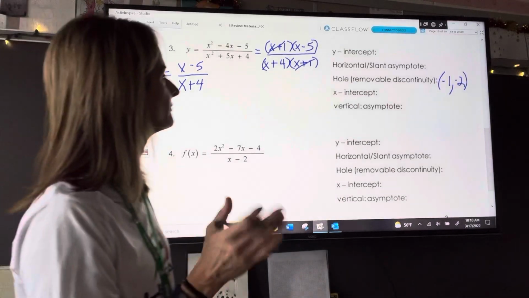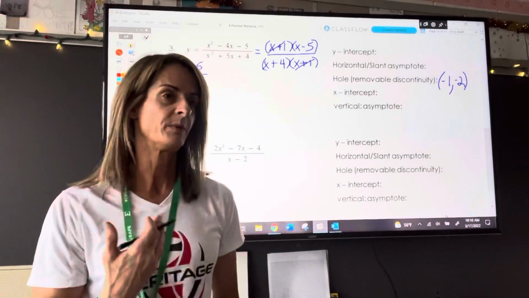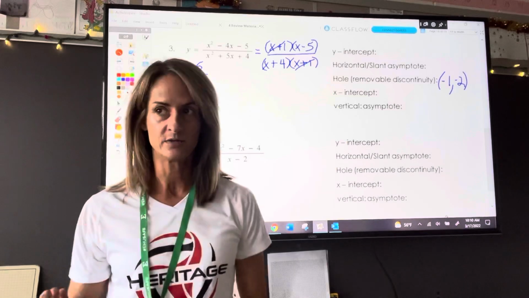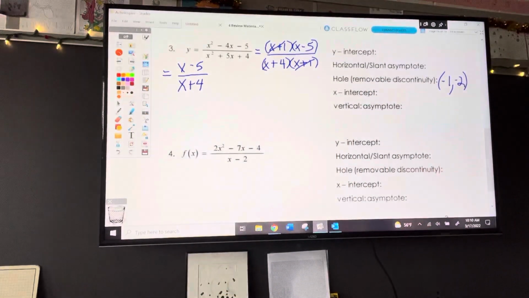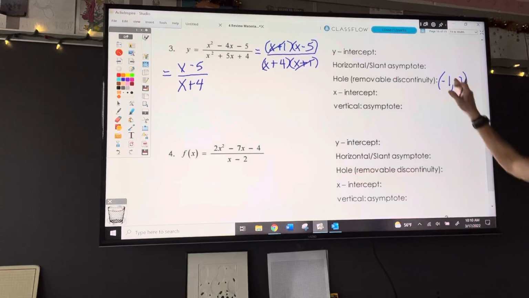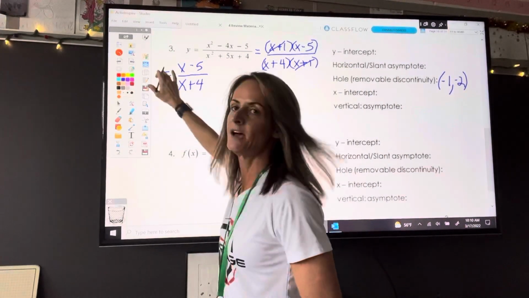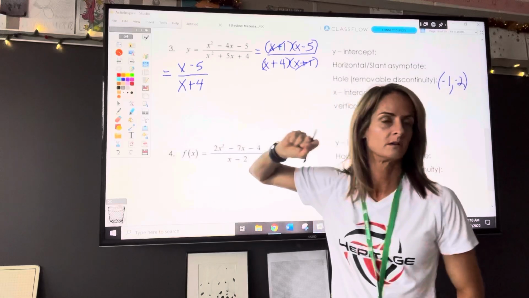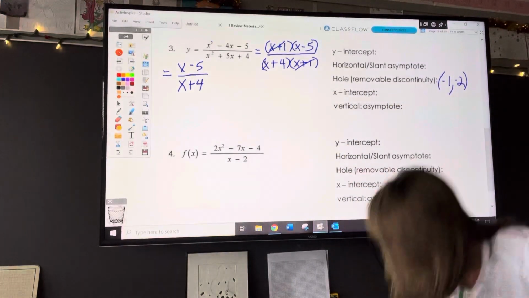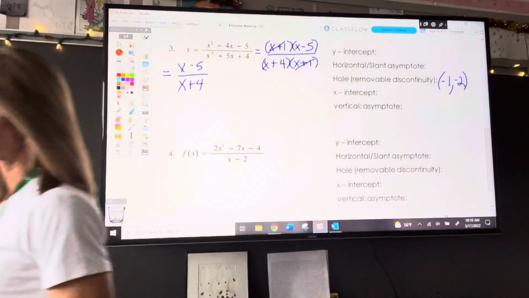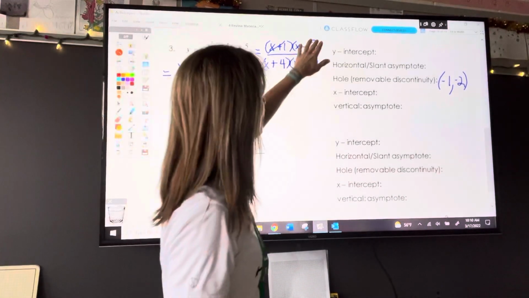A lot of people have trouble with getting the y coordinate for the hole. A lot of people can get the x coordinate and then forget how to get the y coordinate. Is everybody good with getting the y coordinate? You find the x coordinate, you plug it in to what's left of your equation here. It's usually a lot less work because there's only one factor left in the numerator and the denominator.